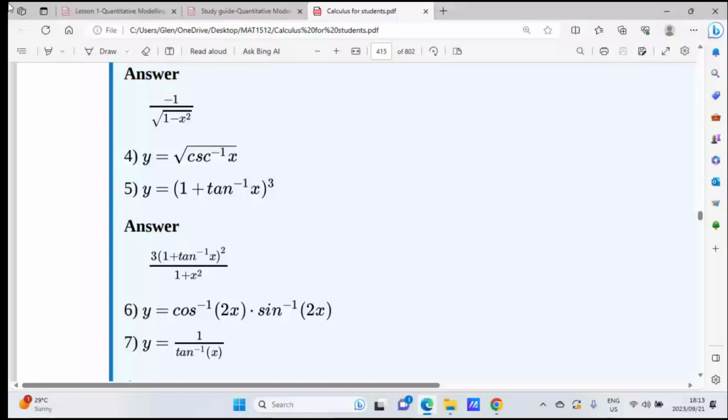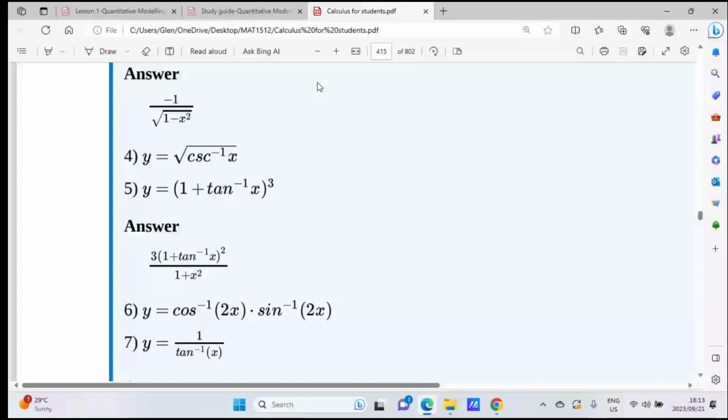Am I lying? You said 1 over tan x squared. Yes, 1 over tan x is cotangent of x. I know this, because we're talking about reciprocals, and the reciprocal of tan x is cotangent x.